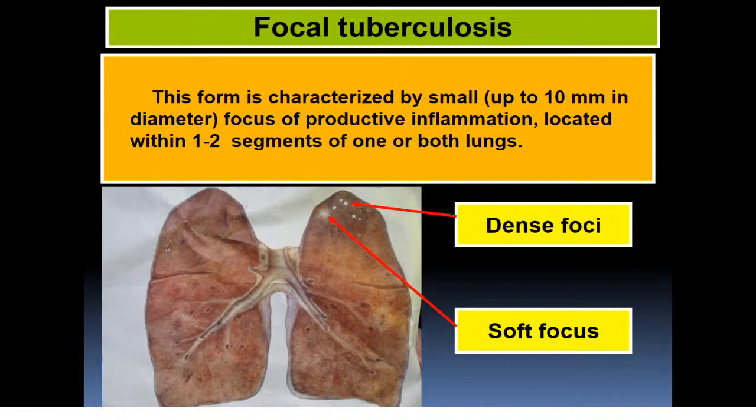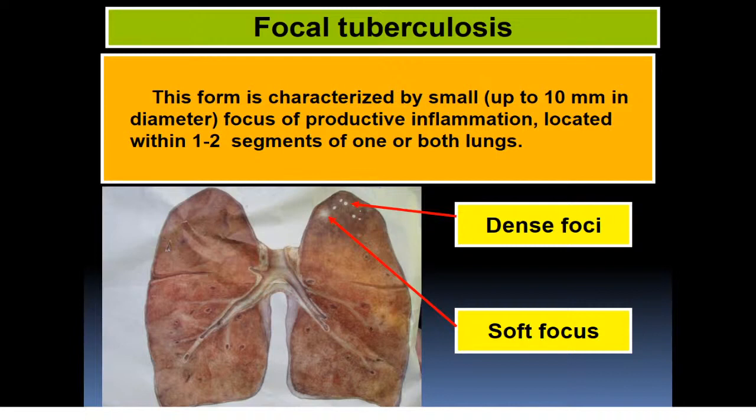This form is characterized by small foci of productive inflammation, up to 10 millimeters in diameter, located within 1-2 segments of one or both lungs. That's why this form of tuberculosis can affect not more than 2 segments on each side.